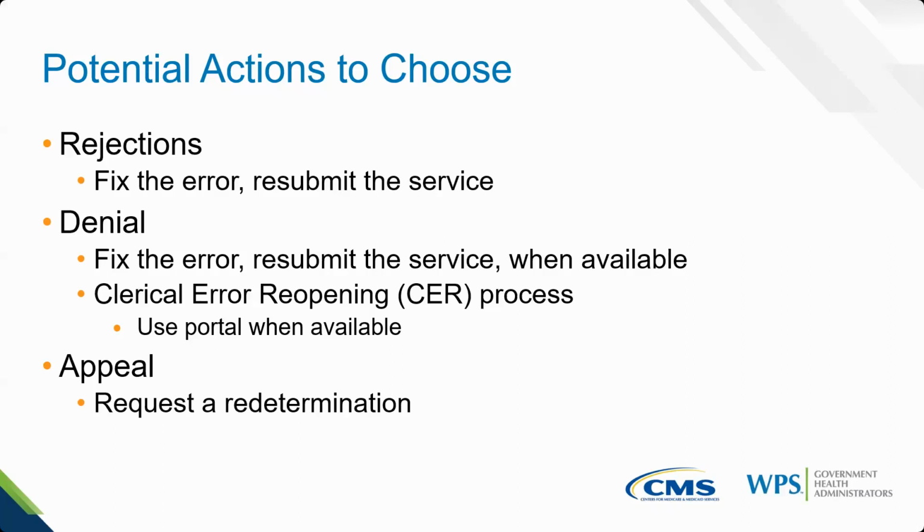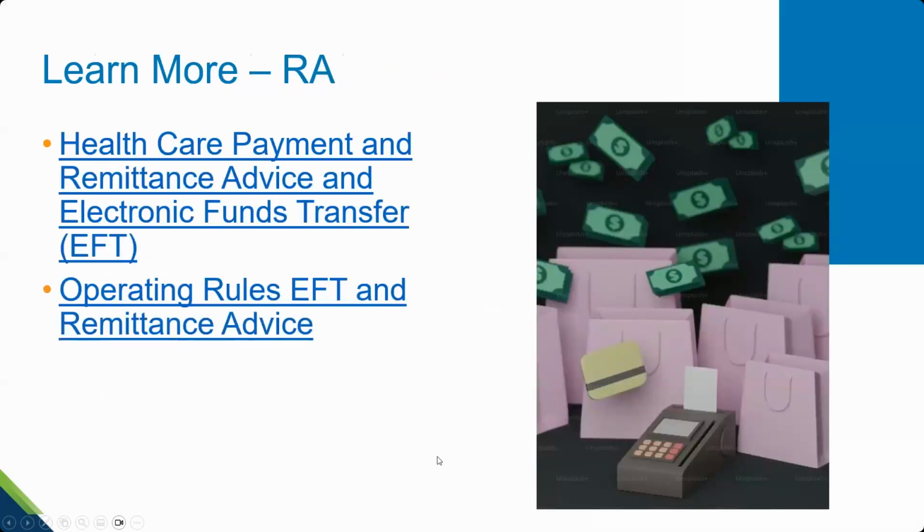These are just a couple of the self-service tools that Medicare and CMS make available, and they really do offer the most efficiencies. You're going to save time and money by using them. Our portal user manual provides illustrations and step-by-step instructions on how to use these portal features as well as the other functionalities. Here are a couple of CMS resources about the remittance advice if you'd like to learn more about it.